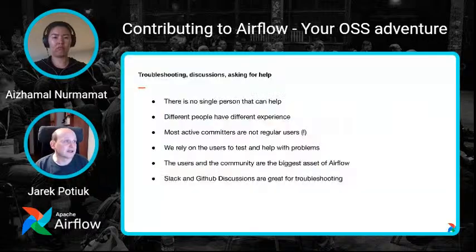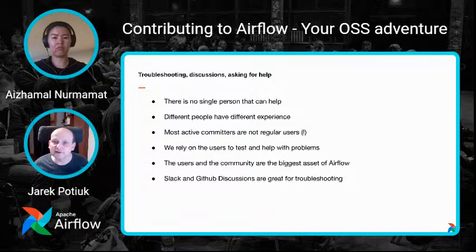How to get help. As Jamal mentioned before, communication is important, and often when you're stuck, you just go ask for help. There are a few rules about how you can ask for help. Don't expect there will be one single person that you can always go to, but there is a whole community, which is even better. Different people have different experience, and most active committers are not really regular users because they spend a lot of time committing.